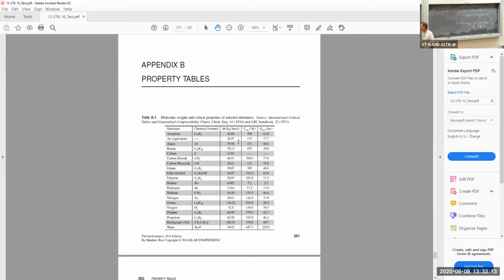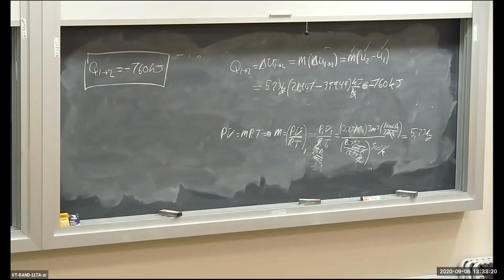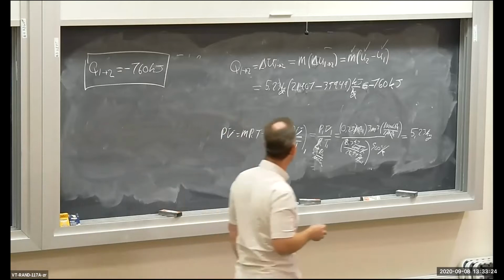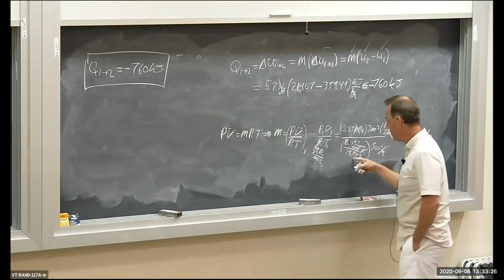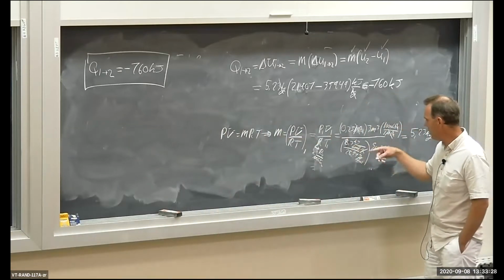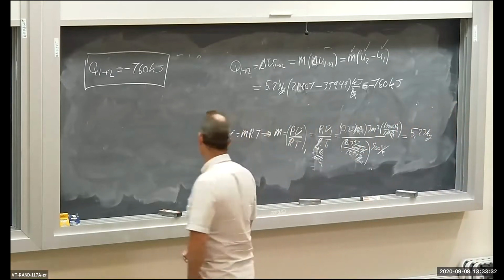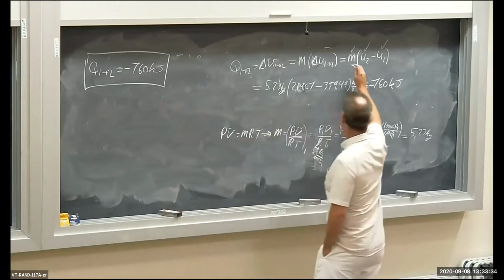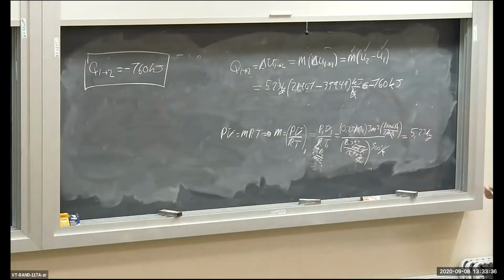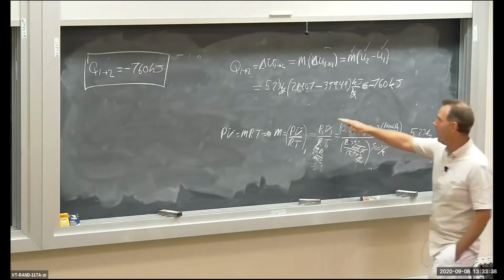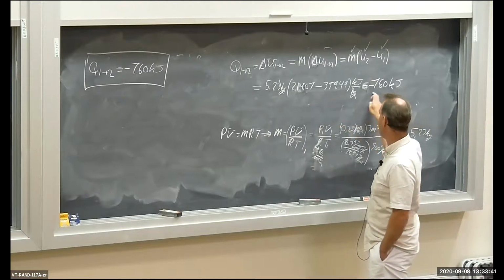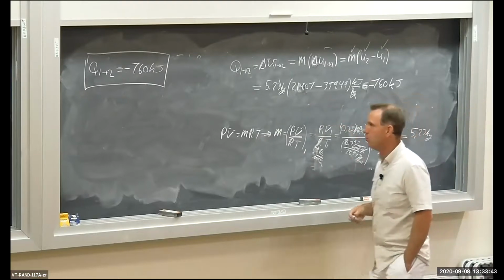It means heat is being transferred out. Molecular weight, universal gas constant, did the unit cancellation, 5.23 kilograms. I got the mass now. I plugged in my internal energies that we just looked up, and I get negative 760 kilojoules.